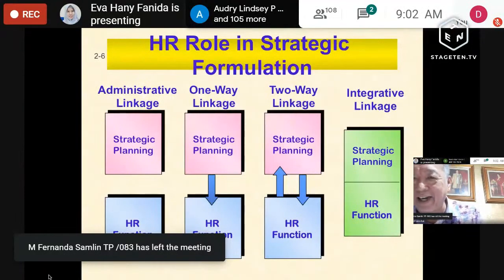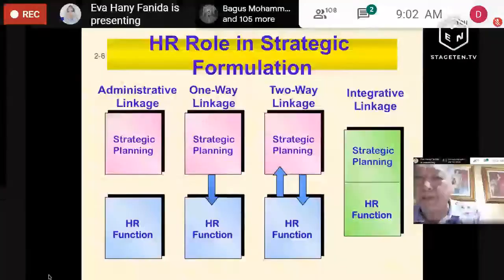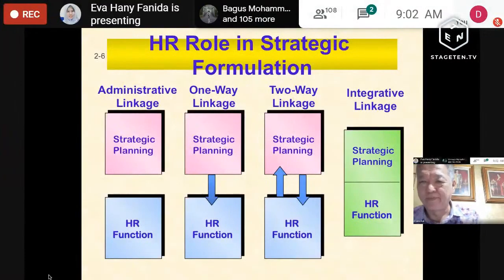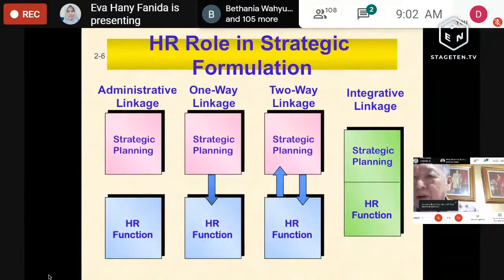The second type of linkage is one way. The strategic planning formulates the strategy and then gives orders to the HR department to follow the strategy. The two-way linkage means there is some interaction between these 2 departments.